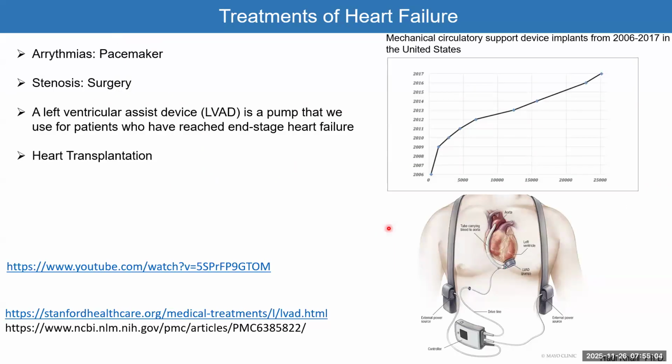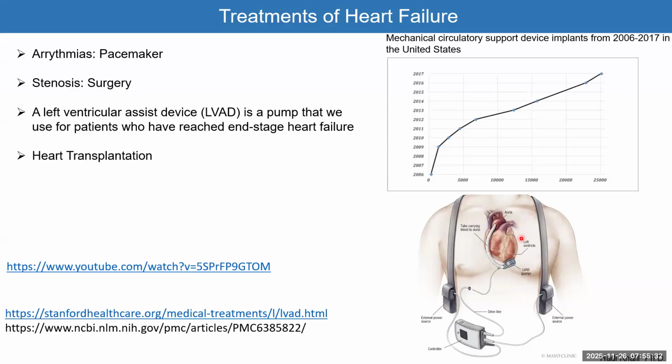In extreme cases, when the heart fails and it's not able to pump and the cardiac output is really low, the next level of intervention would be transplantation. And you know that transplantation is not easy because you need a donor, and there's a very, very long list to wait for a donation. First, because the number of donors is very low.